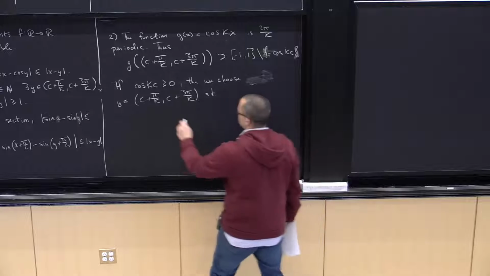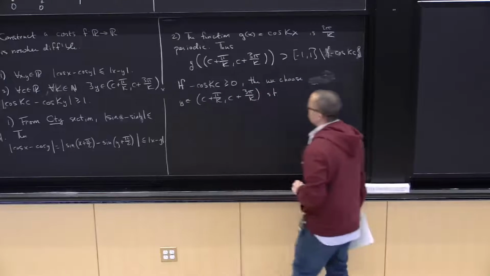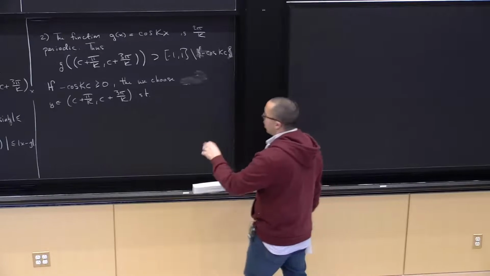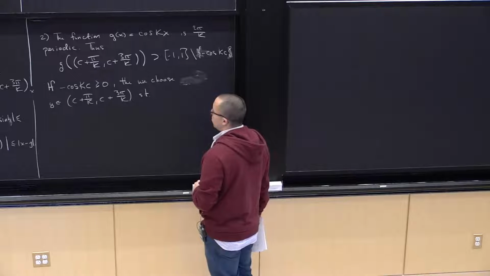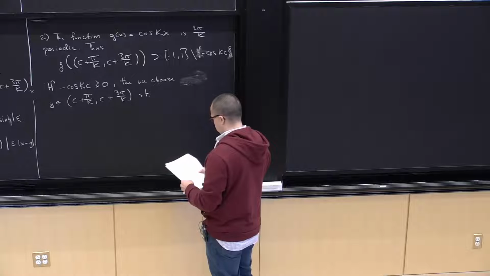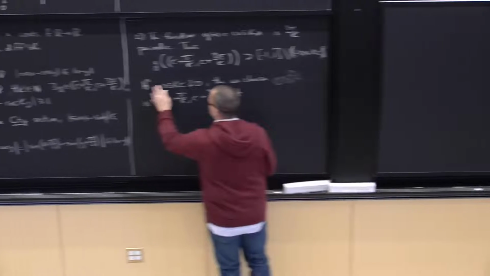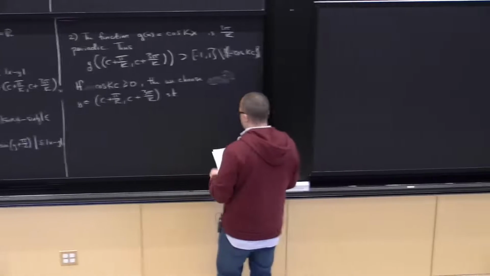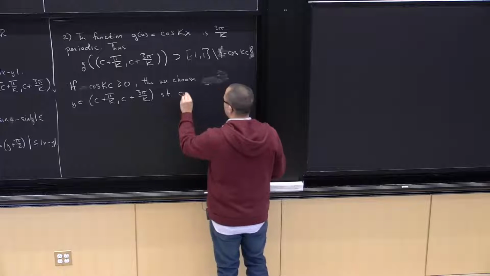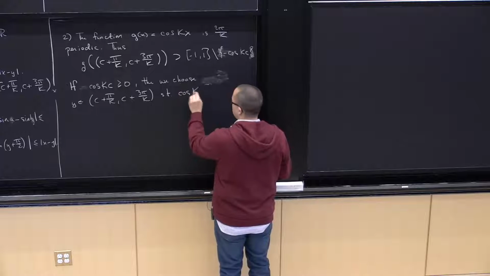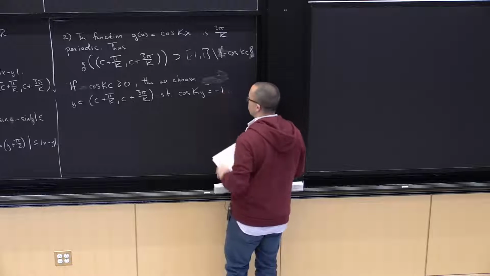Let's write it this way. If this thing is bigger than or equal to 0, then we choose y. Okay, this is simple enough. We choose y in this interval so that cosine of ky equals minus 1.